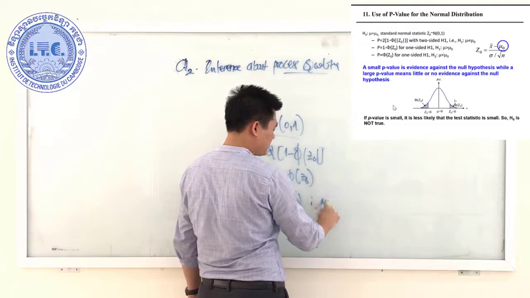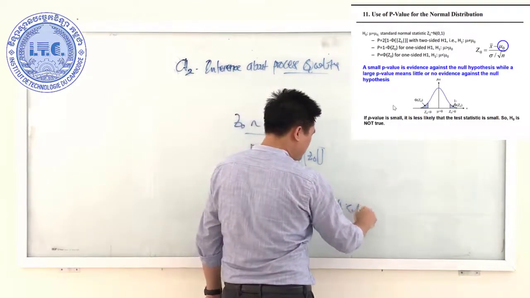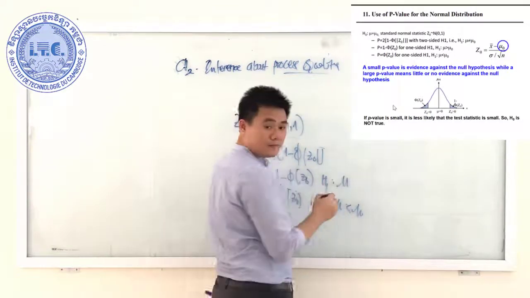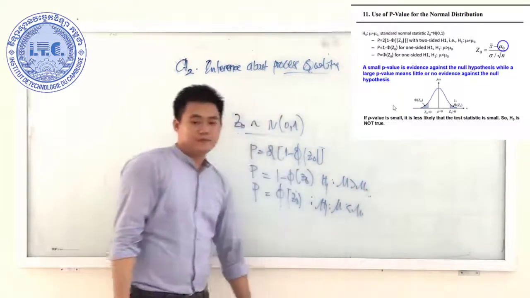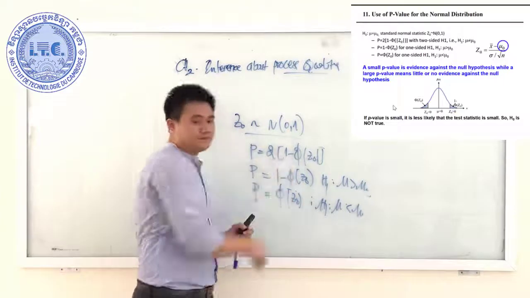Then H1 must be smaller than mu0, or H1 must be bigger than mu0. This is how the p value is calculated.